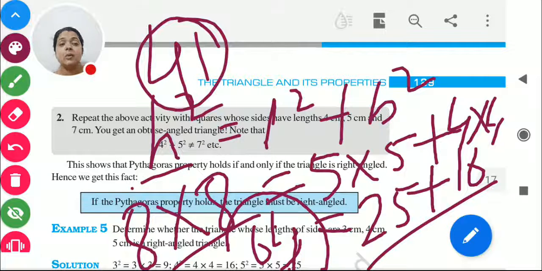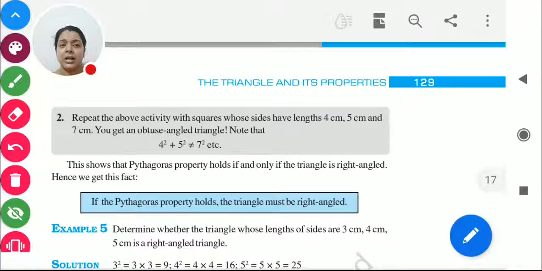So in that case, what will we do? As the LHS is not equal to RHS, it cannot be a right angle triangle. If LHS is not equal to RHS, it can never be a right angle triangle.